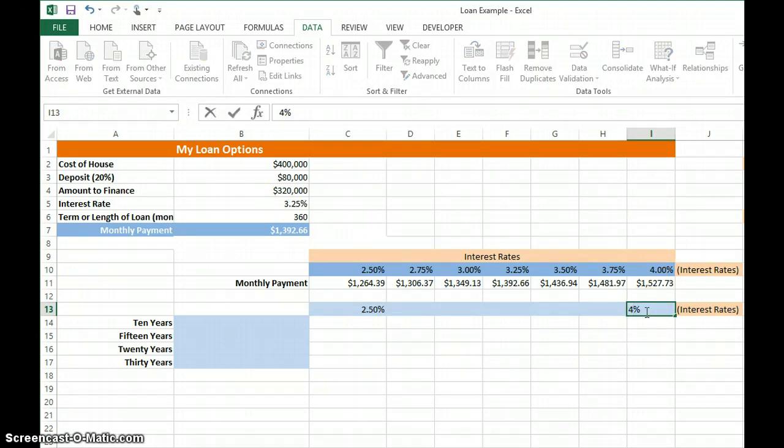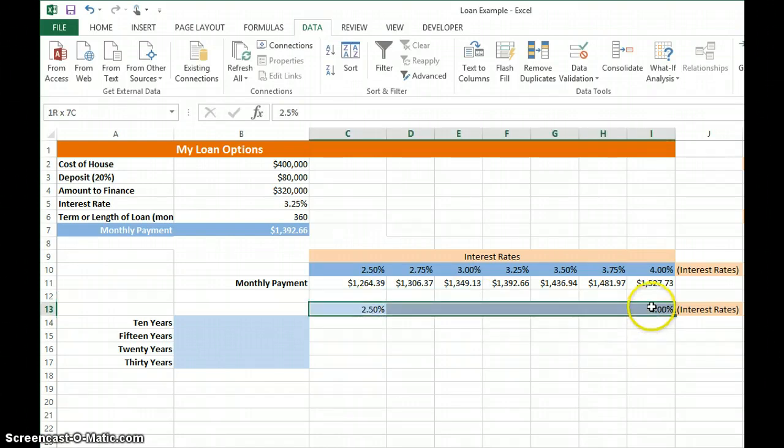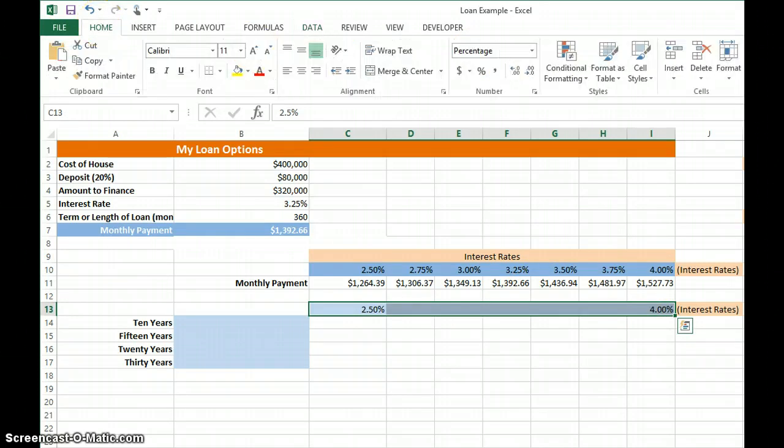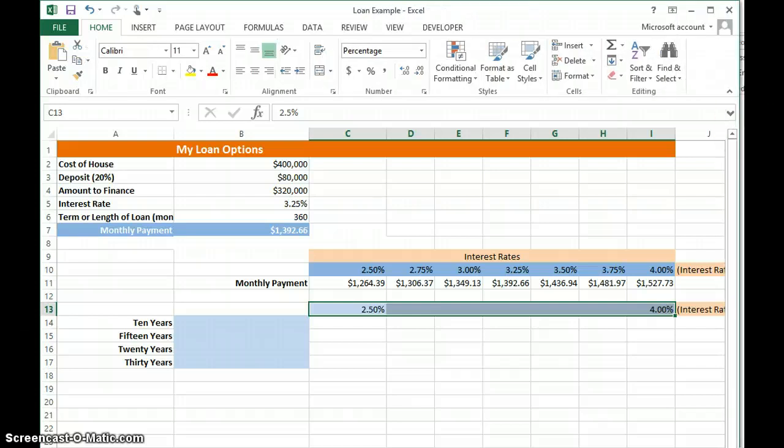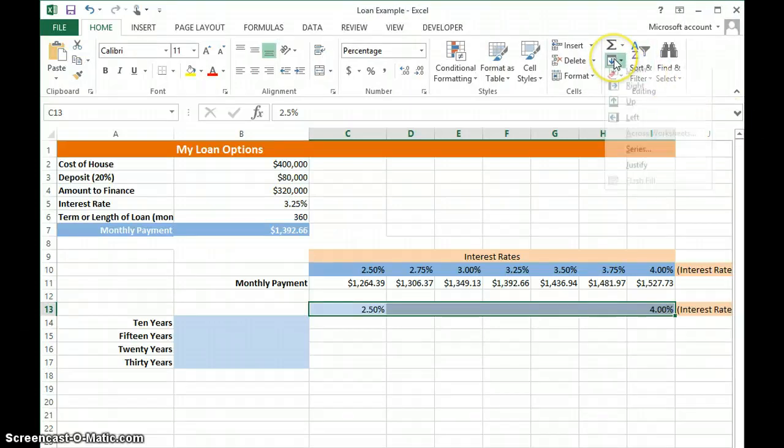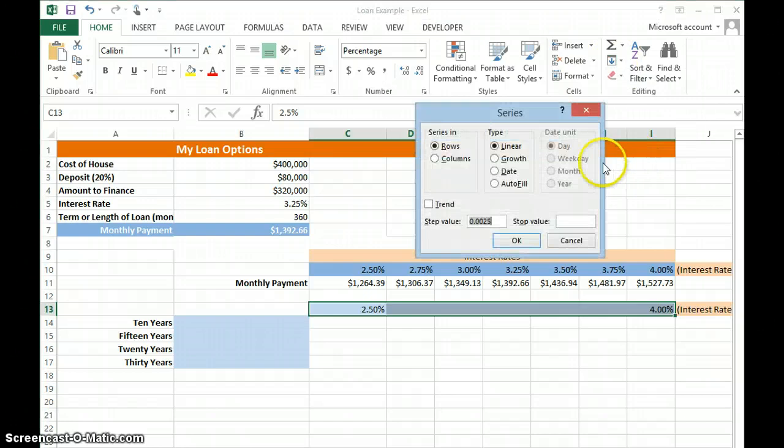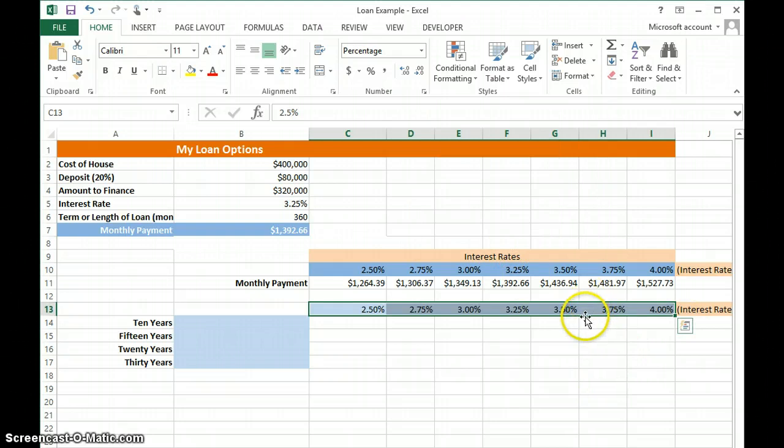So you've got those there, you join the dots between the two, you highlight the area, you go to Home, and you go to Fill and the Series, and it's going to be linear, and it's going to be a trend, and it puts all those values in again. You could have copied them down, but that's a nice accurate way of doing it also.